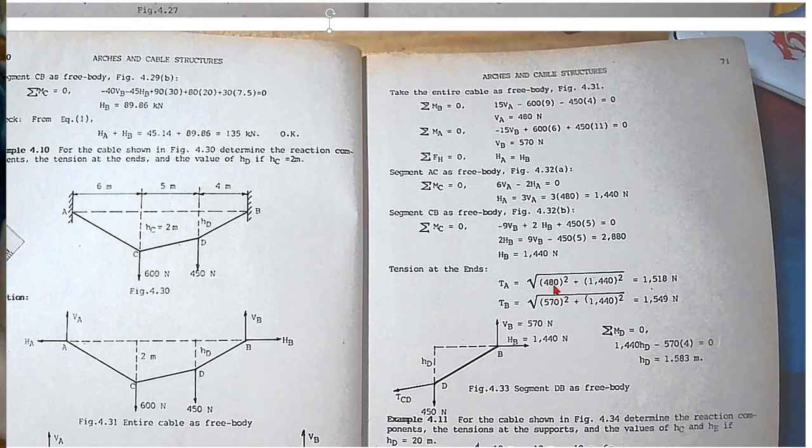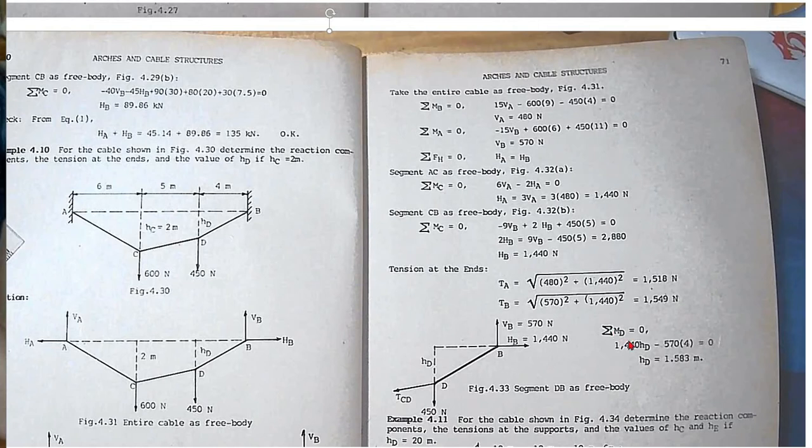No? Ito siya, no? VA is 480 and then HA is 1440. Ito. So you have here 1518. Ganon din sa TB. It is the square root of VB square plus HB square is equal to 1549 newtons.